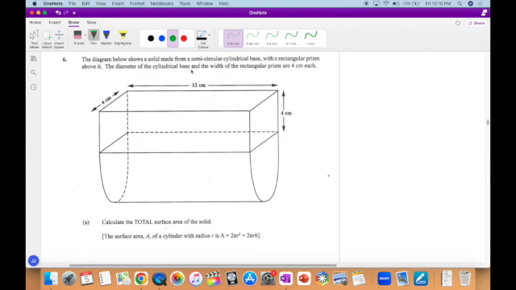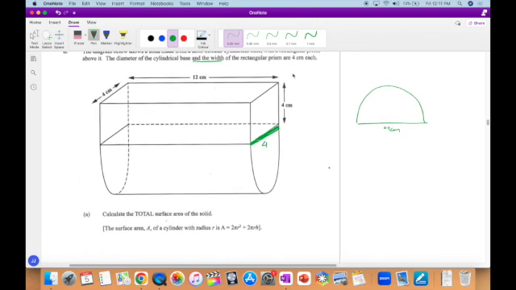The diameter of the cylindrical base is here, and the width of the rectangular prism is 4, so this will be 4, and this is the diameter of the circle. So the semicircle is 4 centimeters. It seems very squarish though: if this is 4 and this is 4, and this will be 4 as well, this seems to be a square, right?